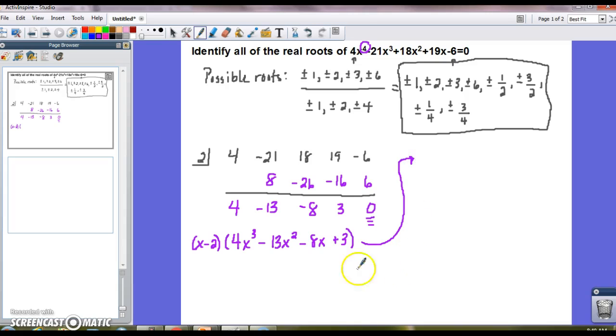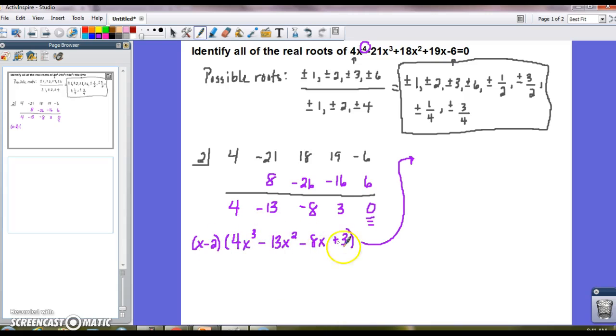I'm going to do synthetic division again because the way this is right now, there's nothing I can really do with it. I can't factor it because I do have 4 terms, but the product of the outside terms doesn't equal the product of the inside terms. So I'm going to go back to my possible roots.